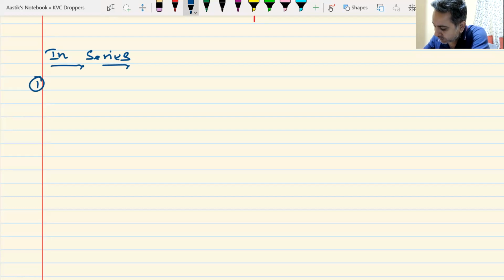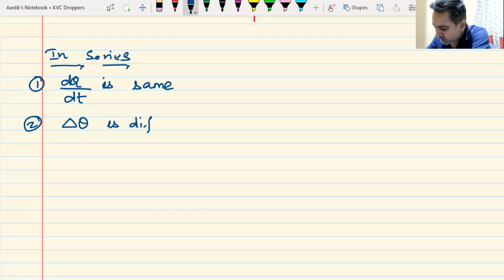Number 1, heat current dq by dt is same. Number 2, temperature difference delta theta is different. Do we understand this, bacha? Raise hands will give me more confidence. In series, heat current is same and temperature differences are different.